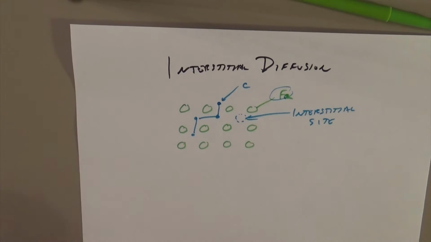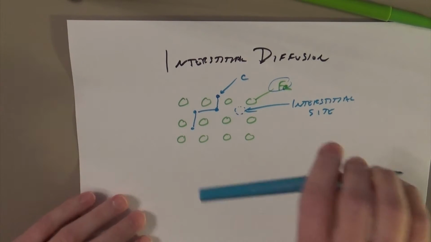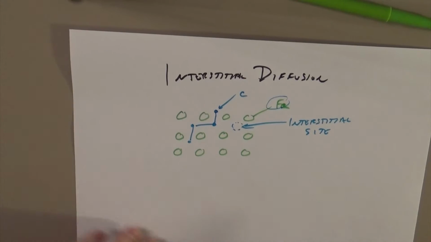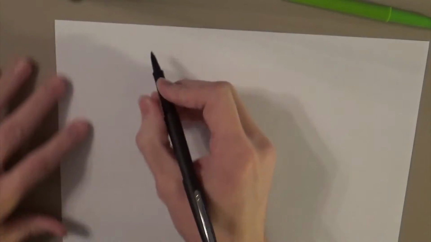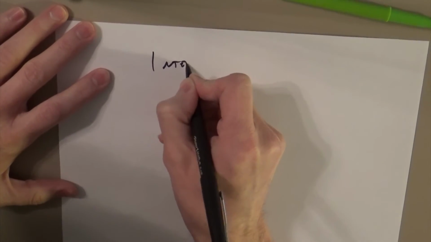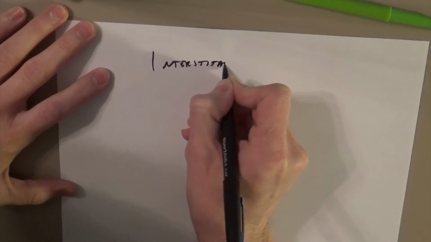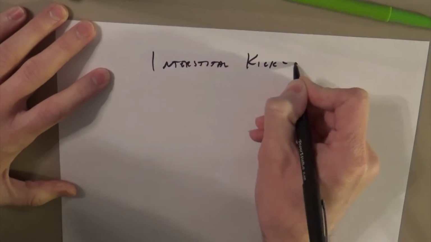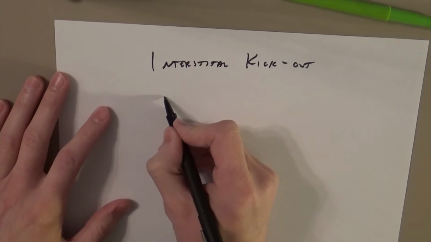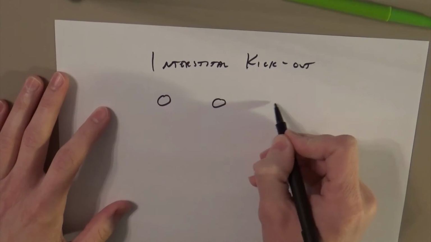Silicon is a very open structure, and in silicon, what you'll get is what we call an interstitial kickout mechanism. Right? And in that case, you have structures that are fairly open. So I'm going to draw this.